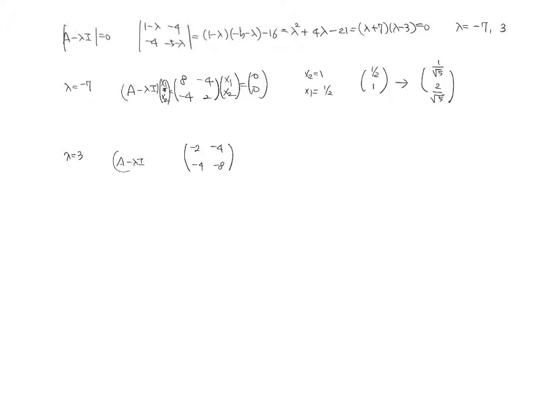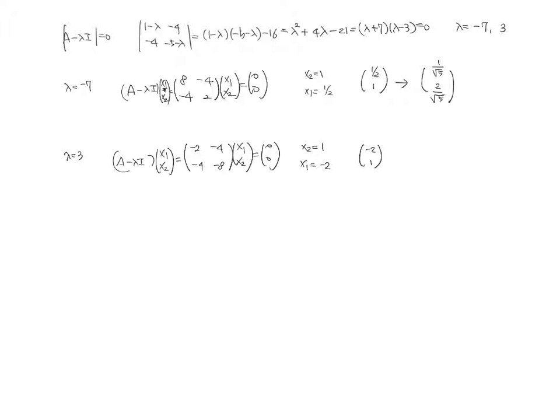So this times x1, x2 will be 0. So when x2 is 1, x1 will be negative 2. So any scalar multiple of this vector will be an eigenvector.